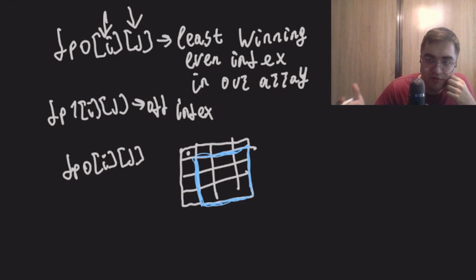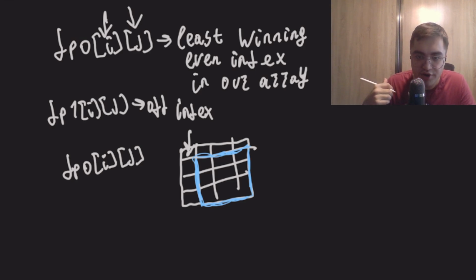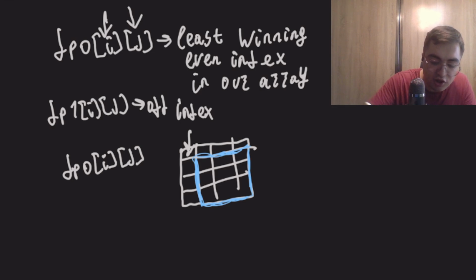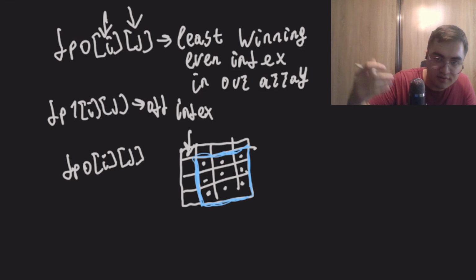And if it appears at an odd index, then you need to update your dp1, right? Now, let's assume that the number in this cell appears at an even index, so we're trying to update dp0 ij. Now we know if we choose this number, our opponent needs to choose the next number in the array, which has an odd index. So the opponent basically needs to fix some ij that is inside this subrectangle and choose the dp1 ij for that.